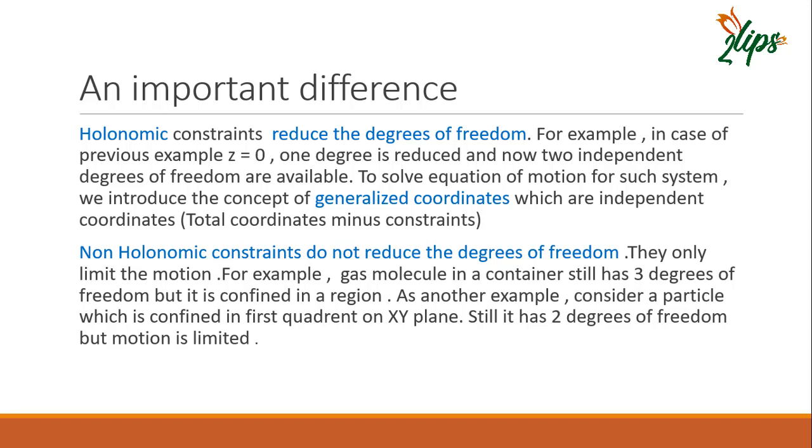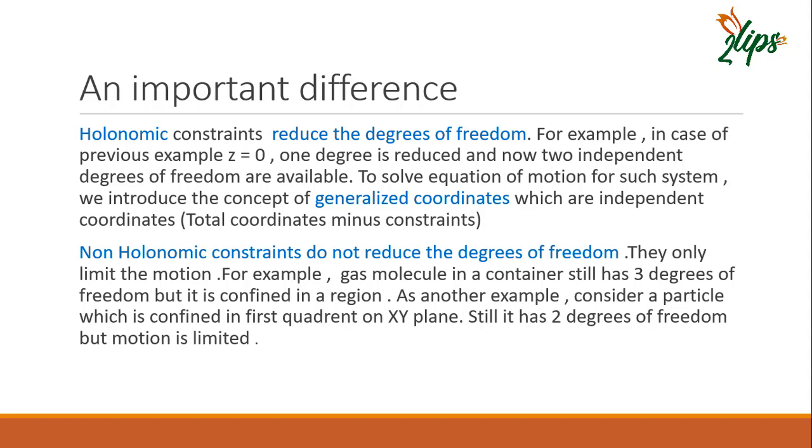The holonomic constraints reduce the degrees of freedom. For example, in our previous example, we took a particle which is confined in the xy plane, and the constraint on it is z = 0. Although generally a particle has 3 degrees of freedom, when I apply one holonomic constraint, 1 degree is reduced, so now it has only 2 degrees of freedom.